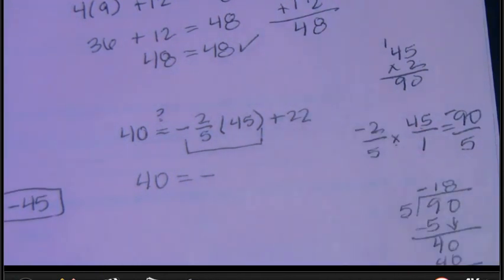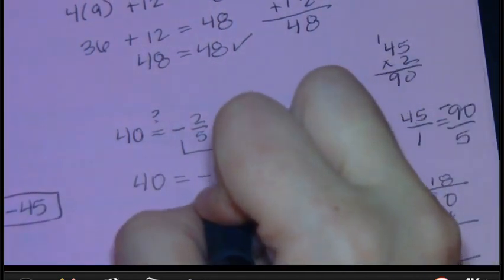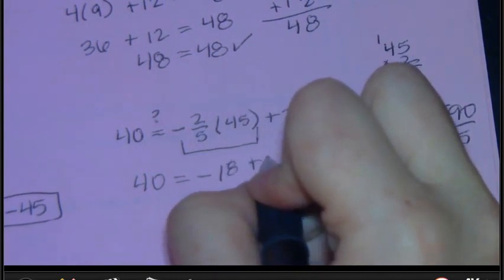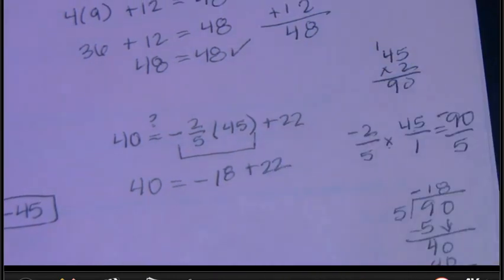Did I do something wrong? Hang on. Let me double check my math. 45 times 2 is 90. Divided by 5 is 18. I did mess up somewhere.